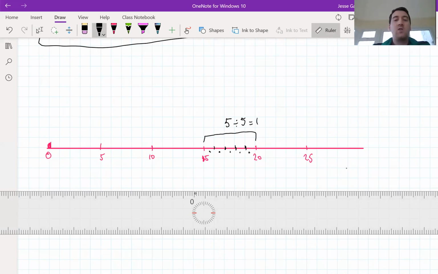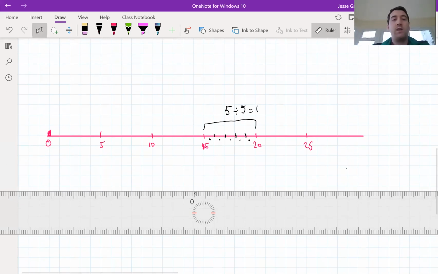So each little square is worth 1 on this scale. So with that in mind, if this number was 15, then this one after here is 16 because it went up by 1. Then the next one is 17, 18, 19, and then 20. So that is how this scale works. This is a very simple one.